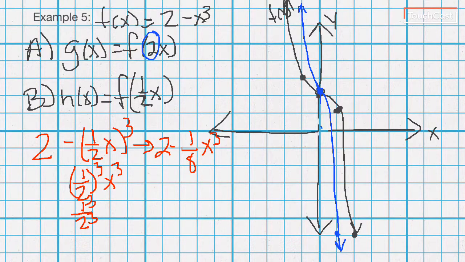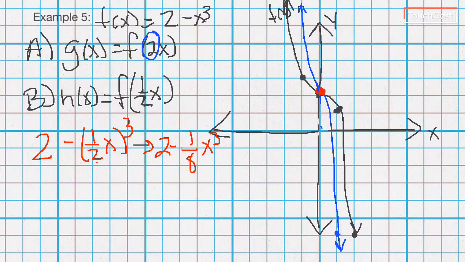So from our original function, let's just take some values and plug them in. I'm going to erase this little bit of work so I can have some extra space. So we can figure out what these new points are. If we use 0 again, 0 cubed, 0 times 1/8, 0, we're still going to be at 2.